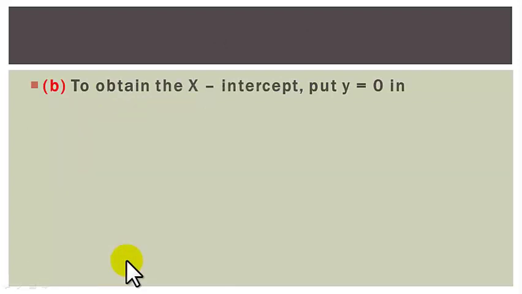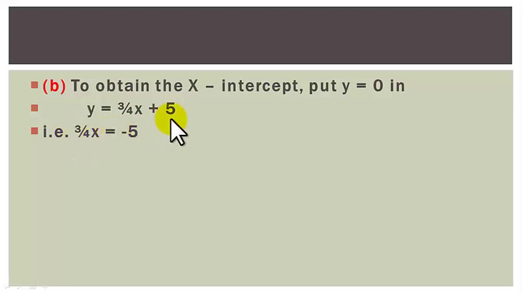B. To obtain the x-intercept, we put y equals 0 in the equation y equals 3 over 4x plus 5. Putting y equals 0 here, that will give us 3 over 4x equals minus 5. Multiply by 4 and divide by 3 to obtain x equals minus 20 over 3.